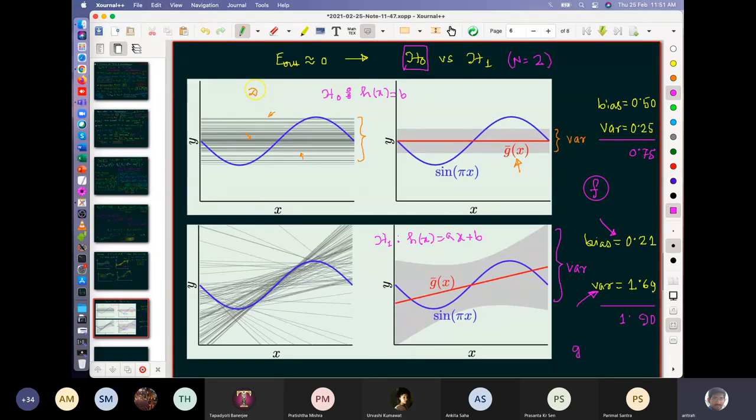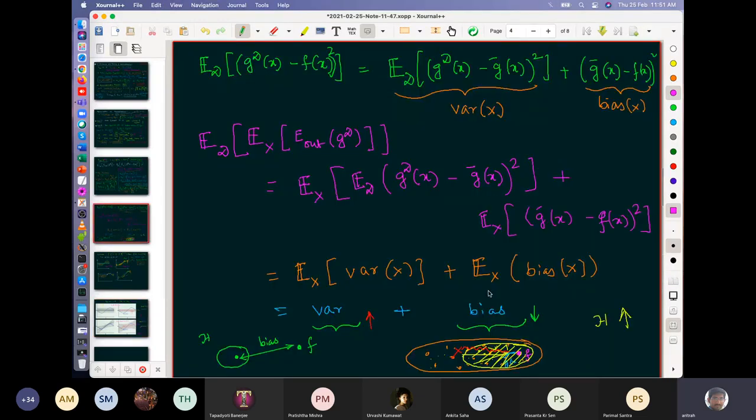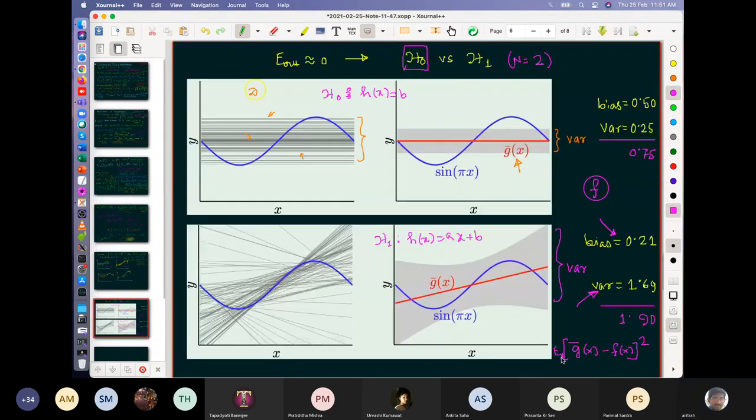Your bias is nothing but how far this g bar x is from the actual function, and we take a squared error for that. And then we take an expectation with respect to the x values.